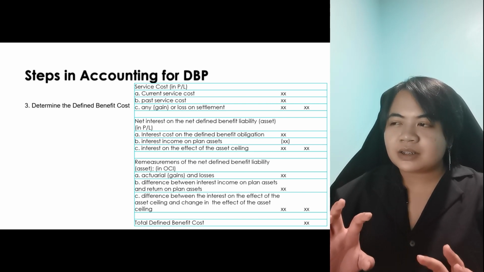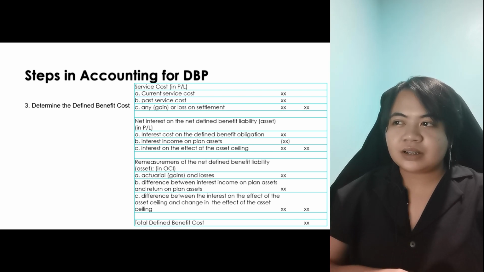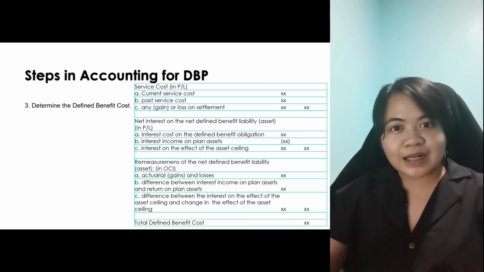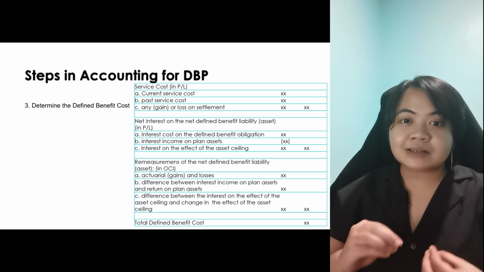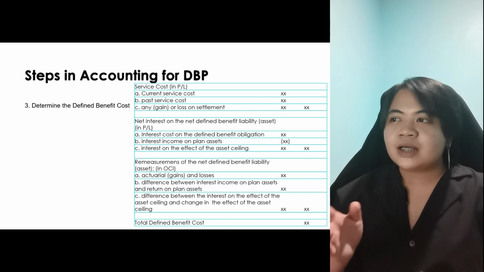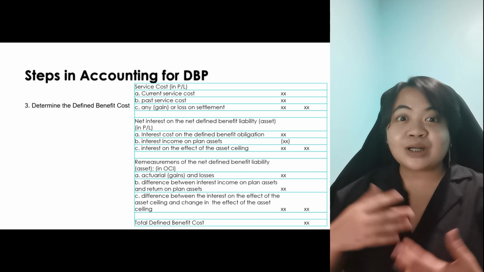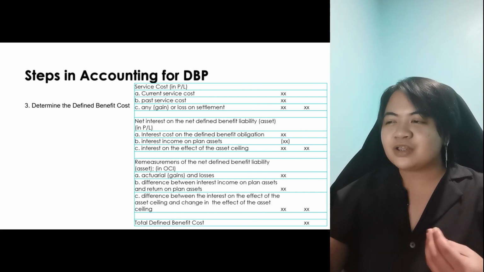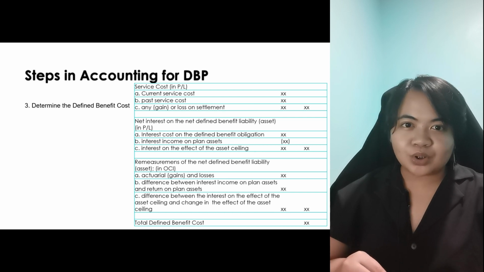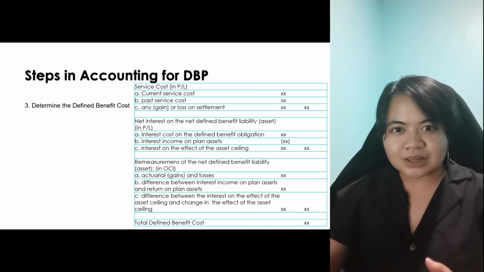Okay? Then, you have to compute for net interest on net defined benefit liability or asset. Ito po ay may discount rate na involved. Okay? So, una mong kukompyutin is yung interest sa PVDBO, yung liability mo. How much? You have interest cost on defined benefit obligation. So, multiply mo yung discount rate doon sa PVDBO. Okay?